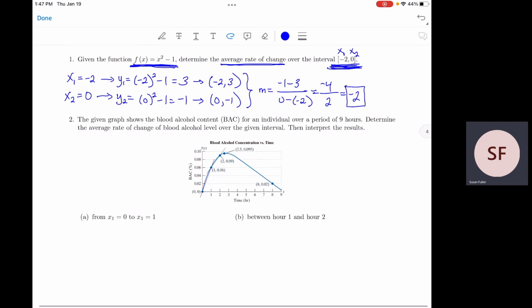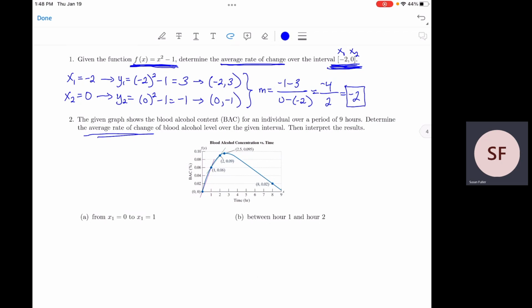Okay, so that's how to use the average rate of change formula. Let's try one with a context. All right, the given graph here shows the blood alcohol content in percentage for an individual over a 9-hour period. Determine the average rate of change, that means average slope, of blood alcohol level over the given interval.